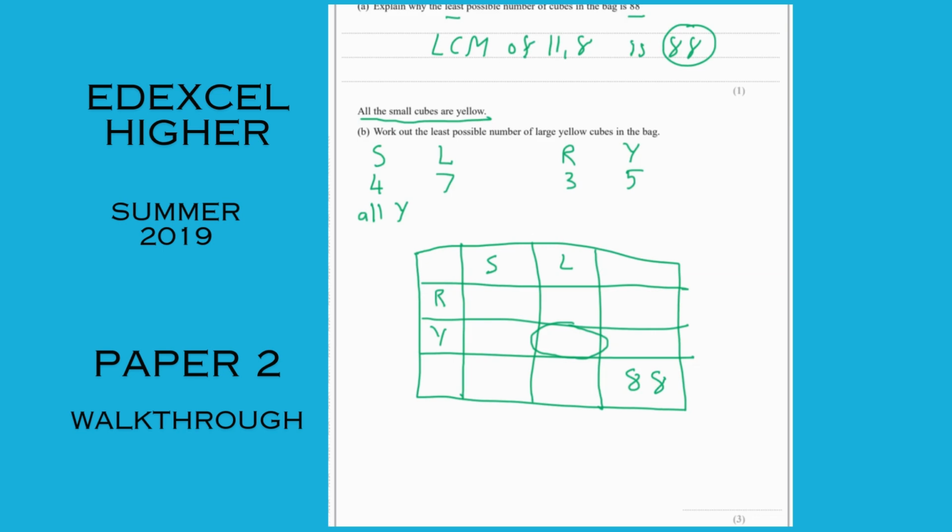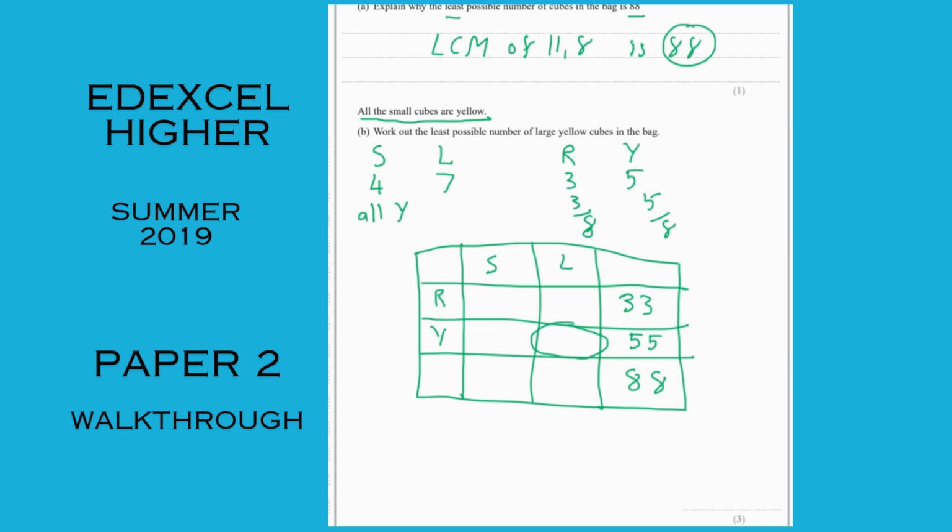Now what we do know is that 3/8 are red, my apologies, and 5/8 are yellow. So in other words, use your calculator if you need it, 33 are red, 55 are yellow.